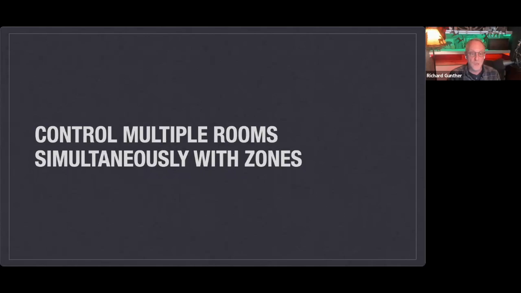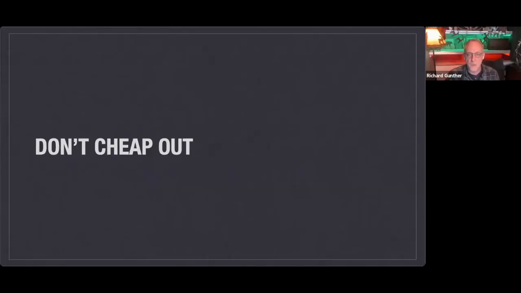Or I could tell it to turn on all the downstairs lights. And it's just going to go ahead and turn everything on downstairs because I'm cleaning, let's say. So that's a good use case for that. So zones are really, really useful for allowing you to do things across multiple areas in your home.